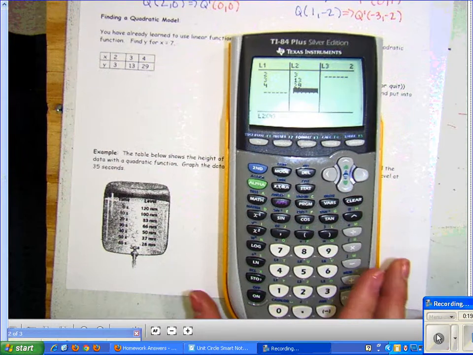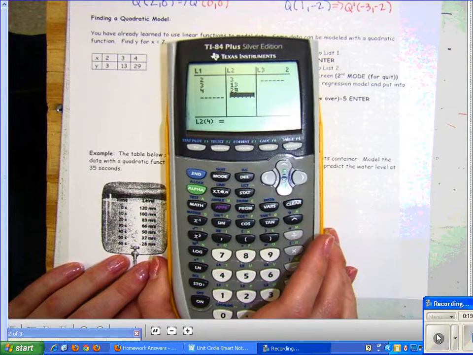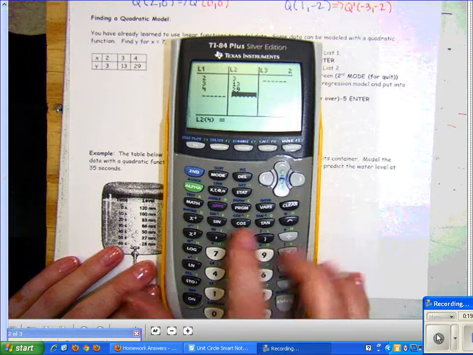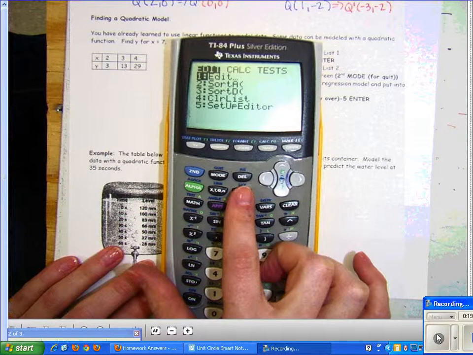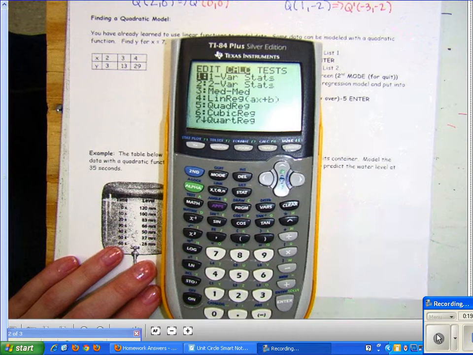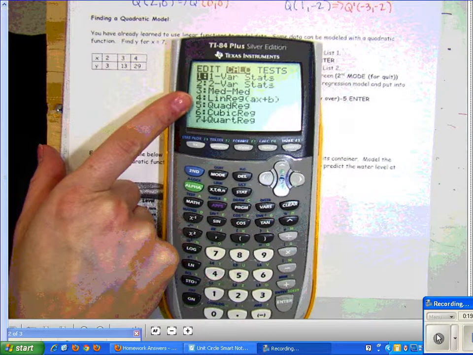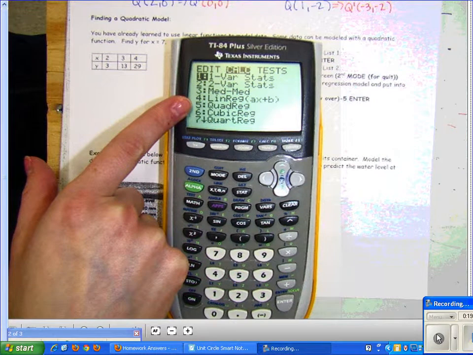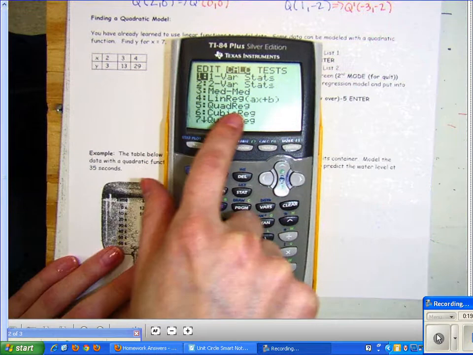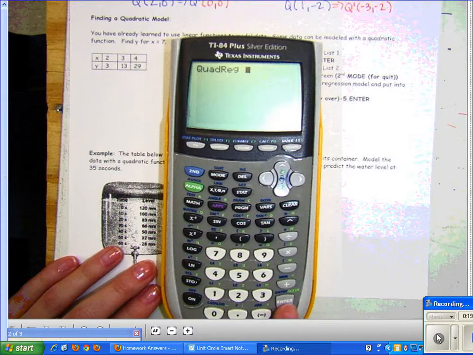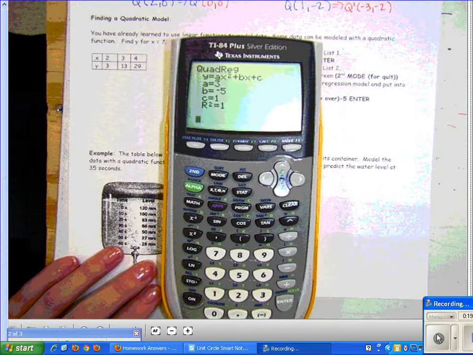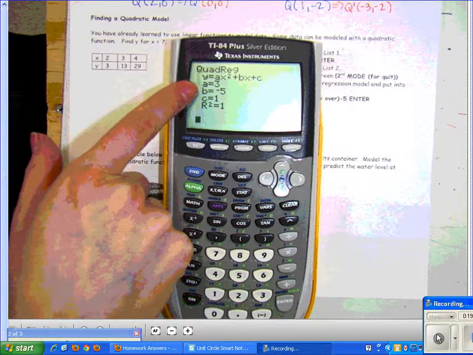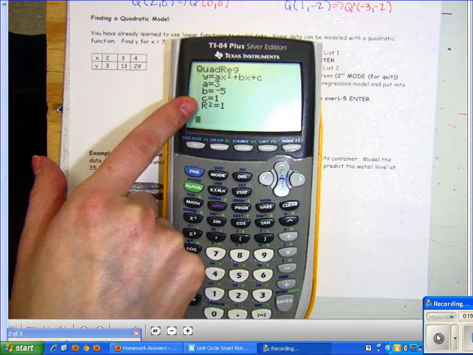Now that I have everything in my calculator, I'm going to come up with the equation. To do that, I go to stat, right arrow over to calculate, and remember before we did linear equations, so this was the linear button number 4, but now we're doing quadratic regression, so we want to hit number 5. So I hit 5, and then if I hit enter, I get my quadratic equation, y equals ax squared plus bx plus c.